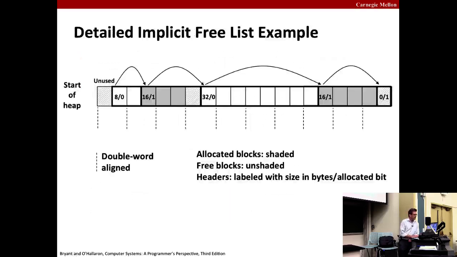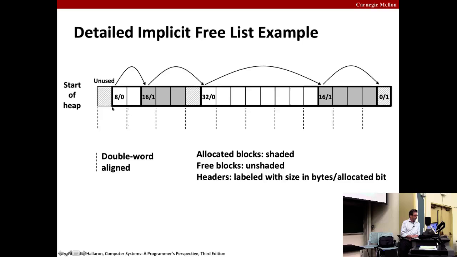So let's look in detail at how we might set things up, given this form of implicit list. In this case, we're going to assume 4-byte words, int-sized words, and we're going to align on 8-byte boundaries. Remember the payload of our blocks always has to start on an 8-byte boundary.